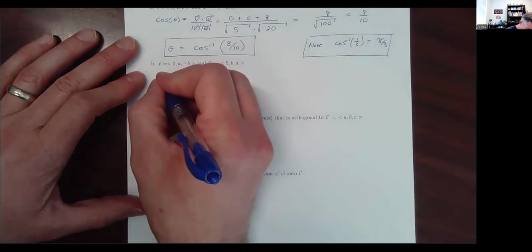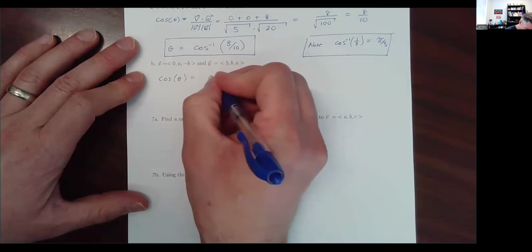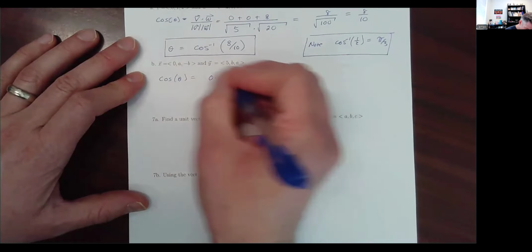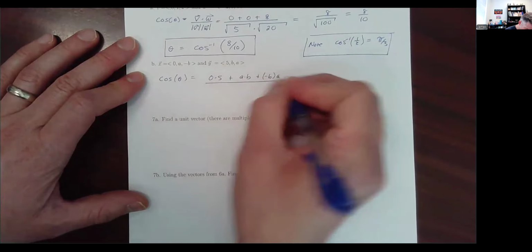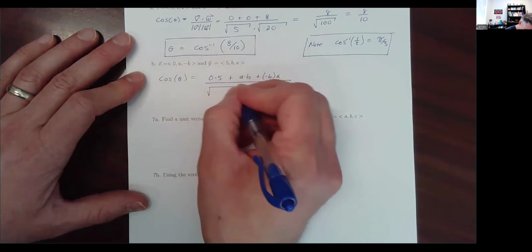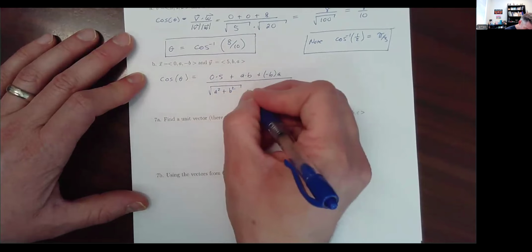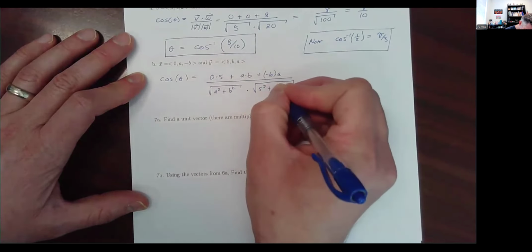So cosine of this angle is equal to 0 times 5 plus a times b plus -b times a, divided by the magnitude of x, which is the square root of 0 squared plus a squared plus -b squared, which is the same as b squared, times the square root of 5 squared plus b squared plus a squared.